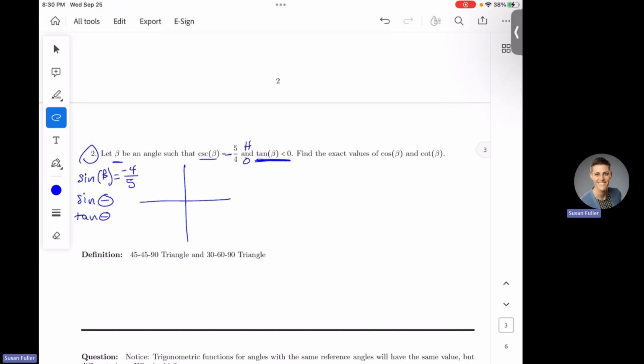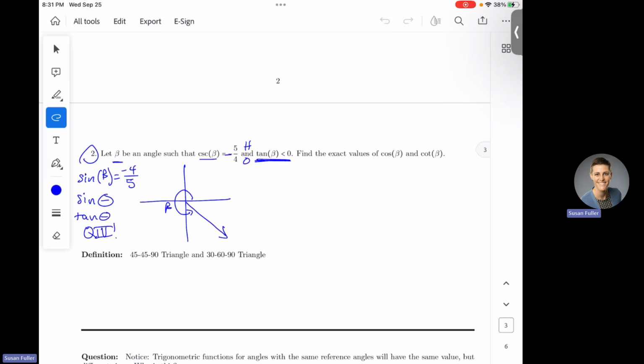So I know that my terminal side is going to be down here somewhere in quadrant 4. And so I know that this whole big thing is going to be what beta looks like. It might rotate slightly differently than that, but I'm going to use the positively rotating one because our brains like that better.